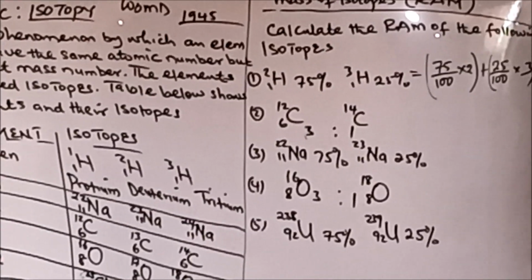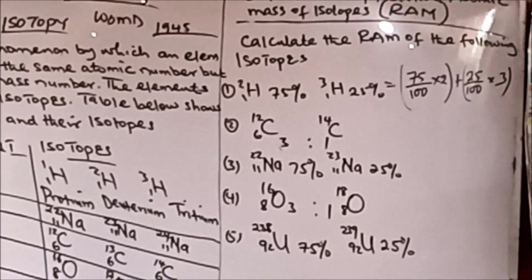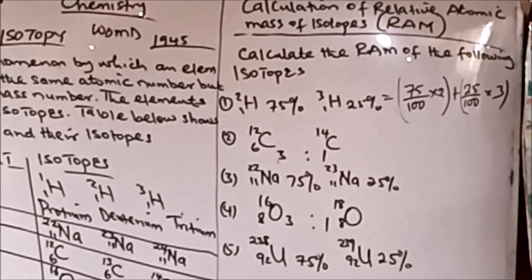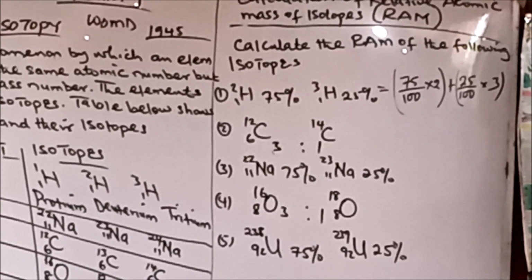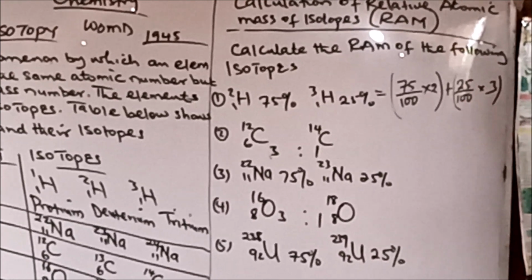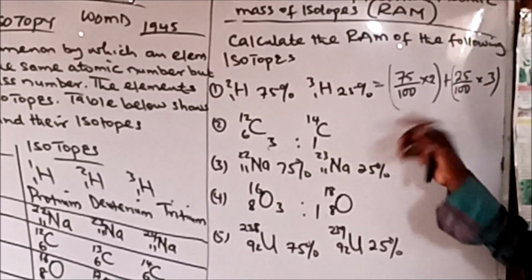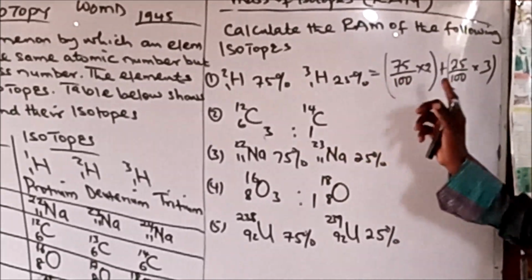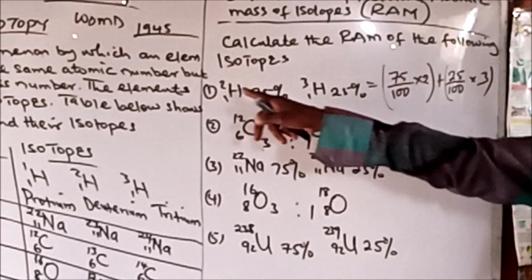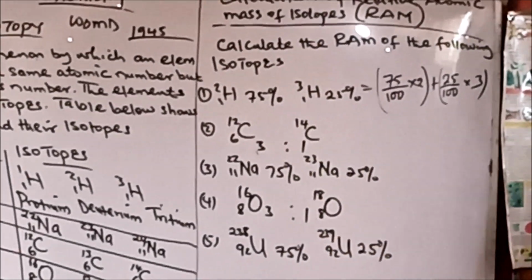The RAM of any given isotope is greater than the mass number of the first isotope, but less than the mass number of the second isotope. After calculation, whatever you get must be greater than 2, but less than 3.